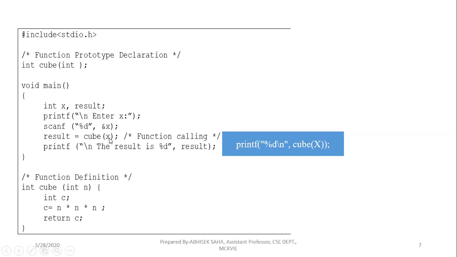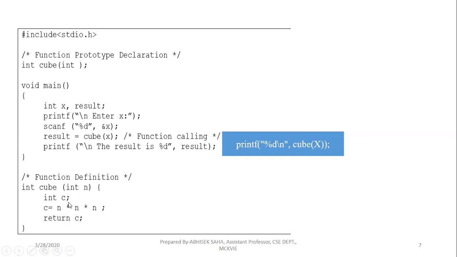Suppose the value of x is 5. You have given the input, the value of x is 5. So when you have given the value of x as 5, it calls cube function with the value 5. Automatically the control of the program transfers from main to cube function.